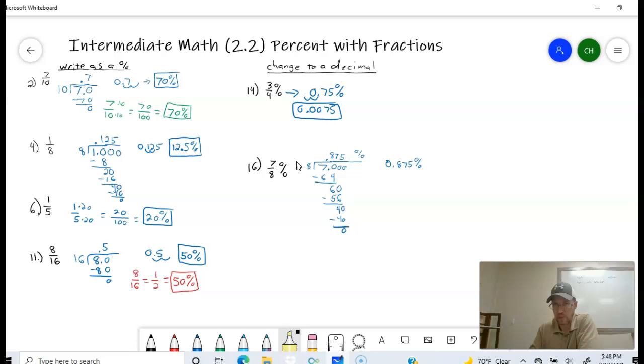It asked me to take it all the way to a decimal. We don't want to stop right there. We want a decimal, not a decimal percent. So anytime I'm going from a percent to a decimal, I move my decimal place 2 places to the left. And I'm going to get 0.0, is that right?